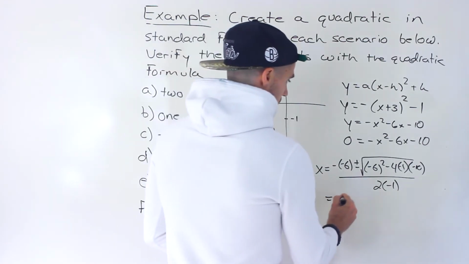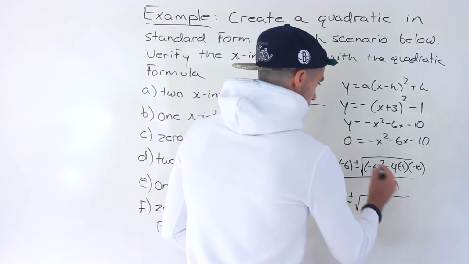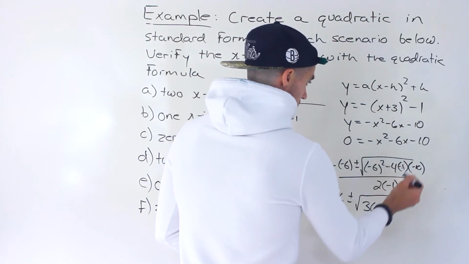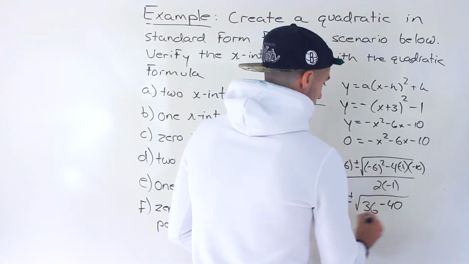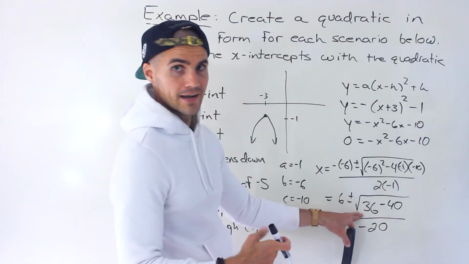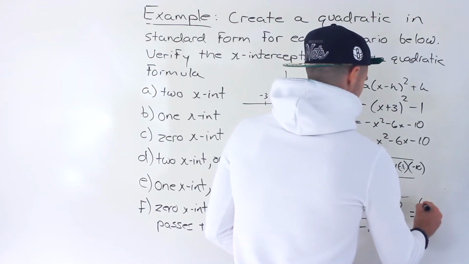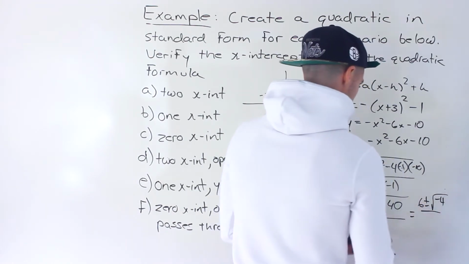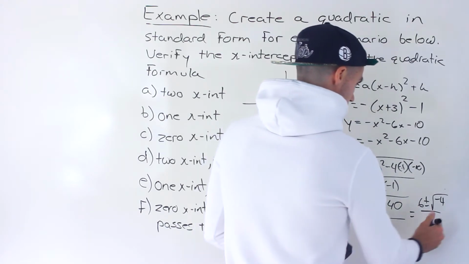So we'd end up with 6 plus or minus the square root of 36, -4 times -1 is +4, times -10 would give us -40. And if you notice what happens, we get a negative under the square root. Sorry, I don't know why I put -20, this is -2.